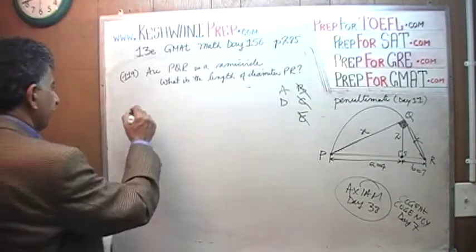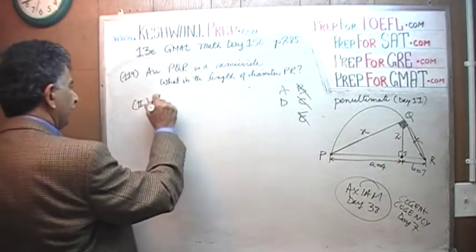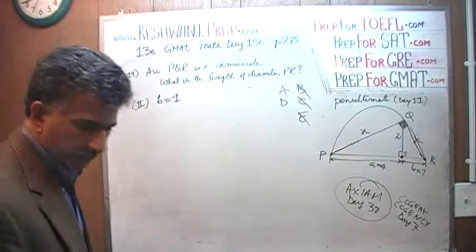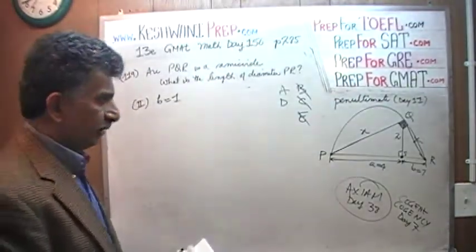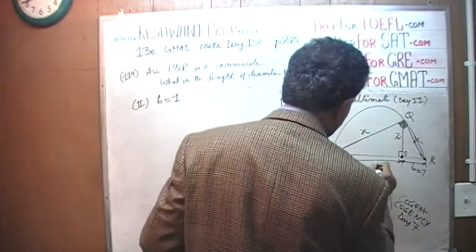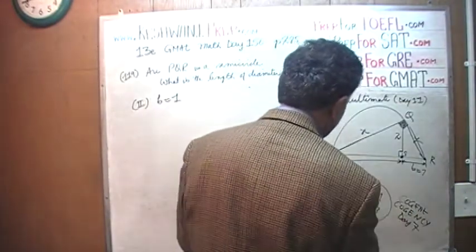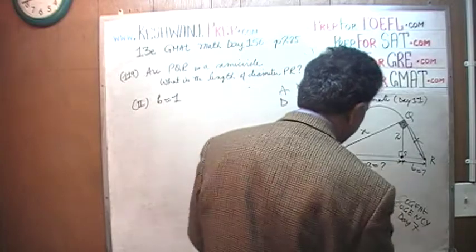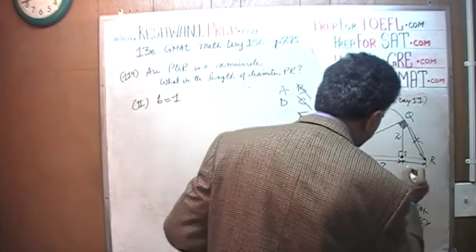In the second statement, they tell us that B equals 1. Let's see what we can do with it. Since we are starting a second statement, we have to erase everything here. Actually, we only have to erase this part. A is the unknown quantity, B, we are told, is 1.